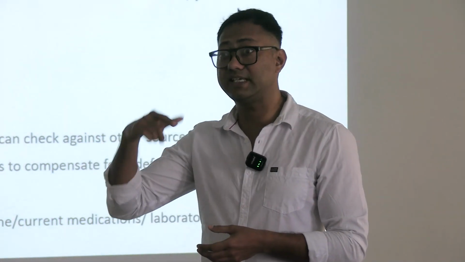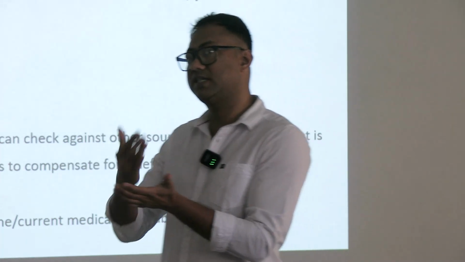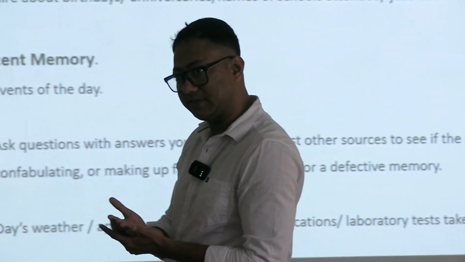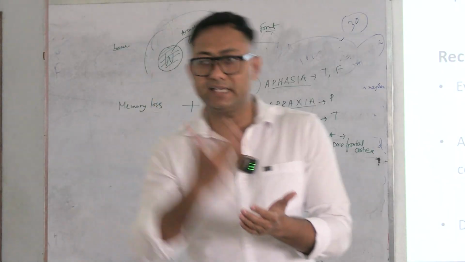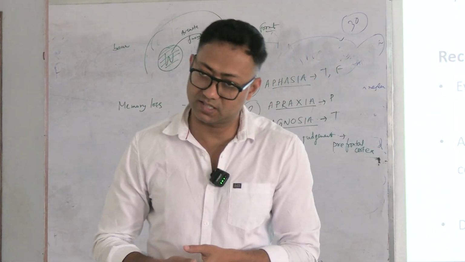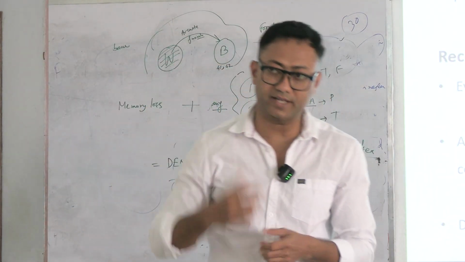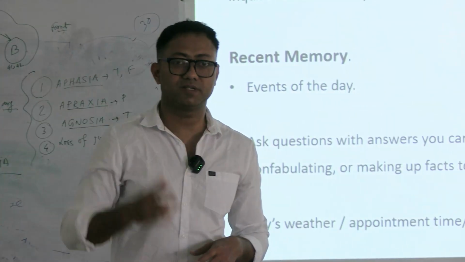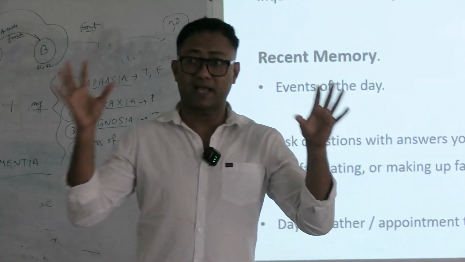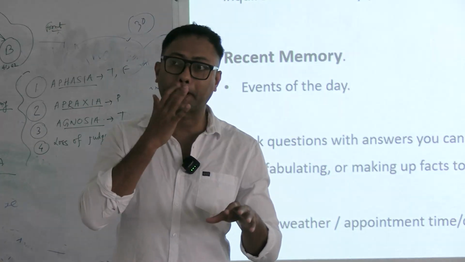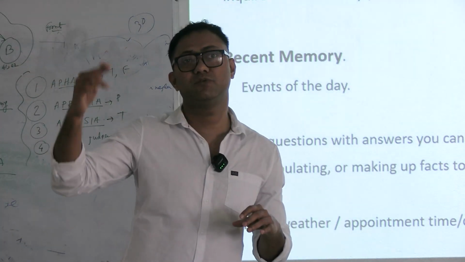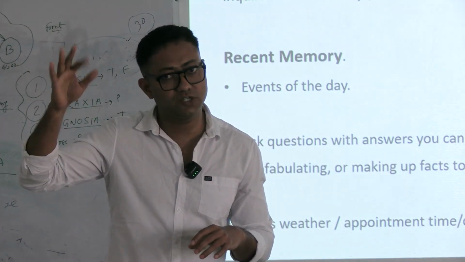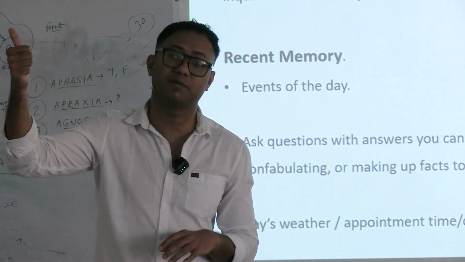So the hippocampus is the gateway of memory. First you register it in your RAS. Then you send this information to the hippocampus in the temporal lobe, and once you give priority to this information, she will send it to the neocortex for long term memory.